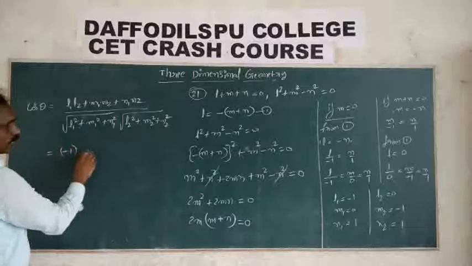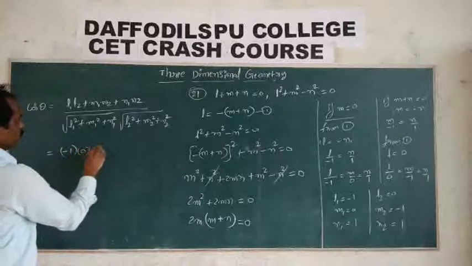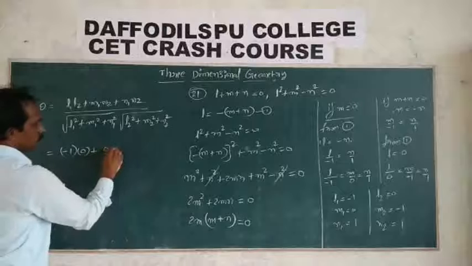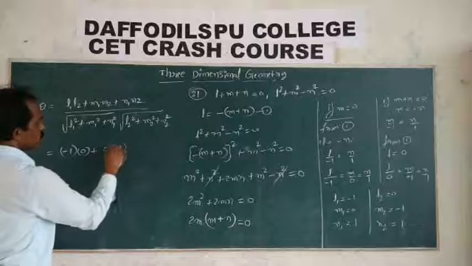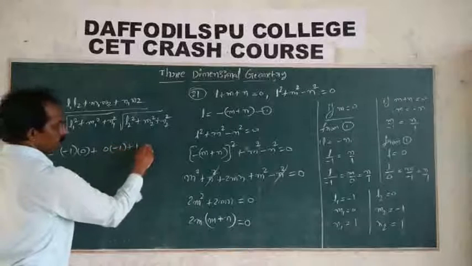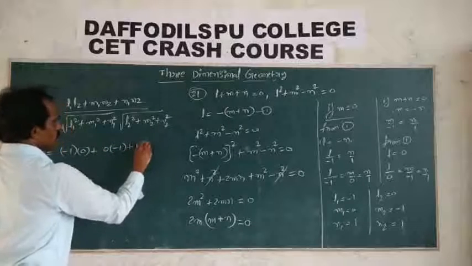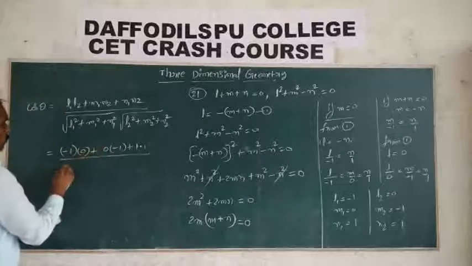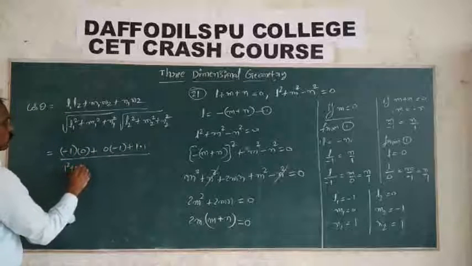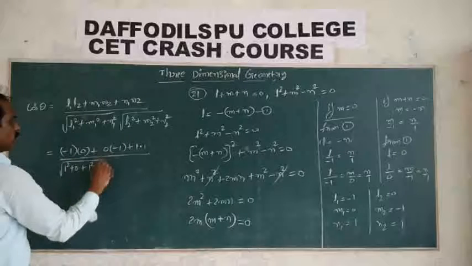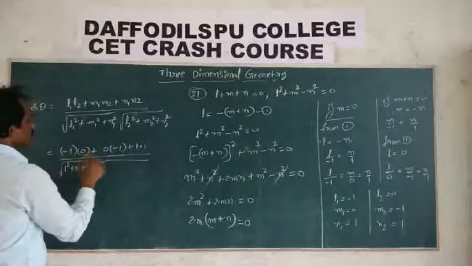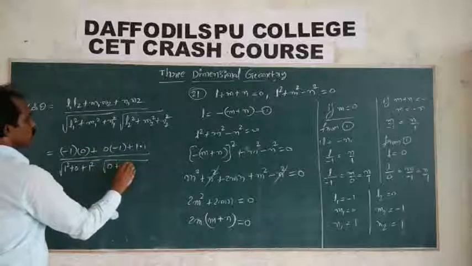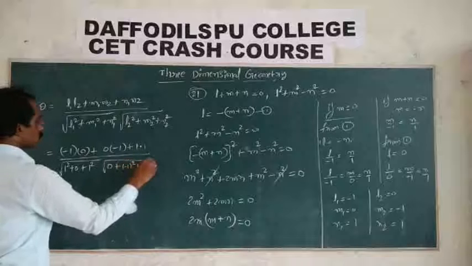Minus 1, L2 0, m1 0, m2 minus 1, n1 1, n2 1, divided by 1 square plus 0 plus 1 square into 0 plus minus 1 whole square plus 1 square.